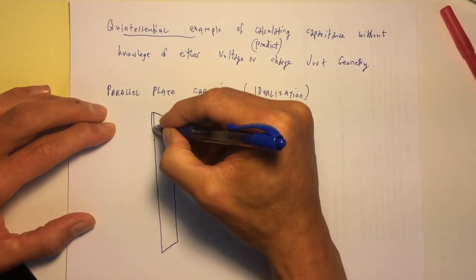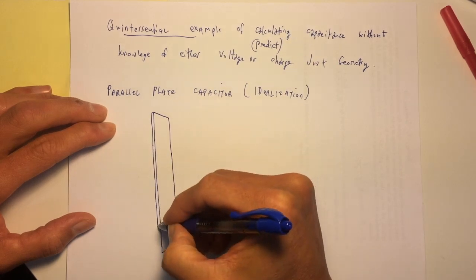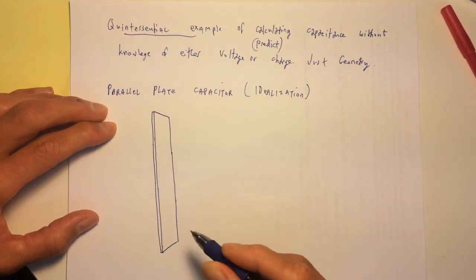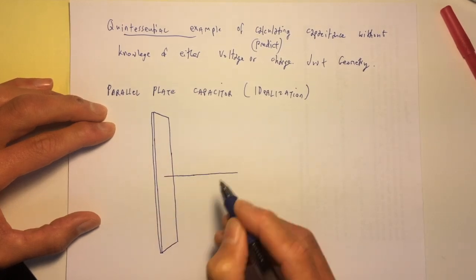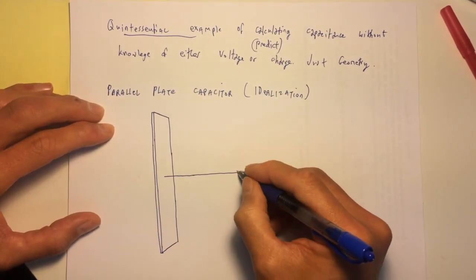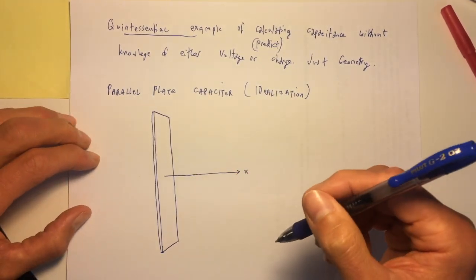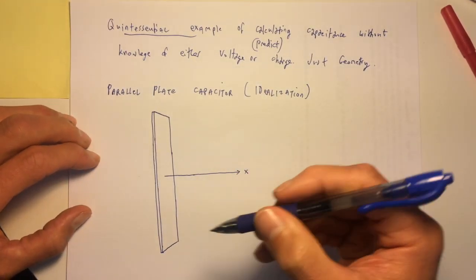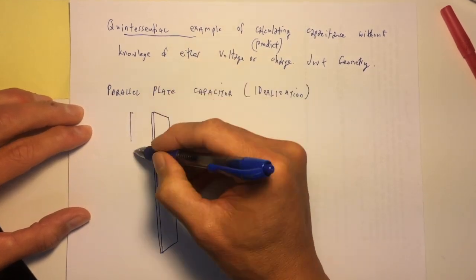So here is an edge of this metal plate. I hope you can see that. And let's say that this is like an x-axis, right? And the other plate, I'll just draw it over here. The other plate is really close.